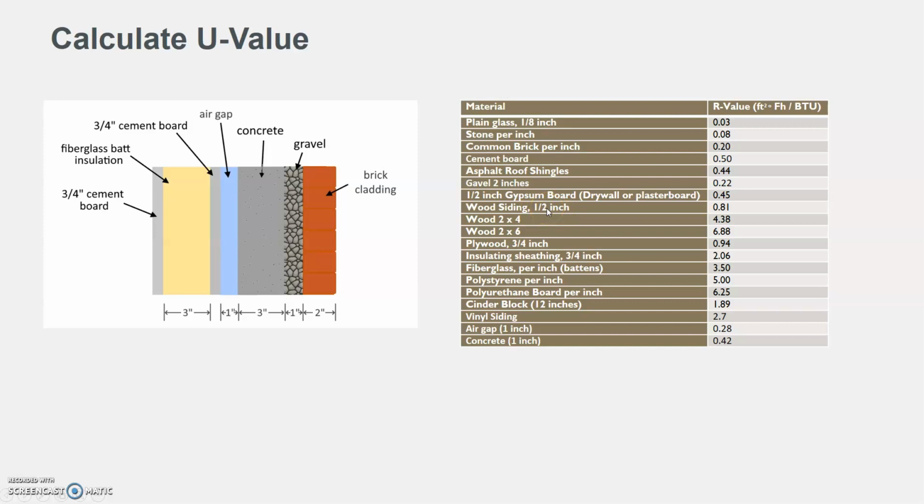So if you have twice as much, you're going to be twice that value. If you have half this much, you're going to have half this value. So you've got to remember that, for instance, our concrete is 3 inches, and concrete's only for 1 inch, so we need to triple this number. So what I want you to do is try to actually calculate the U value for this particular wall.